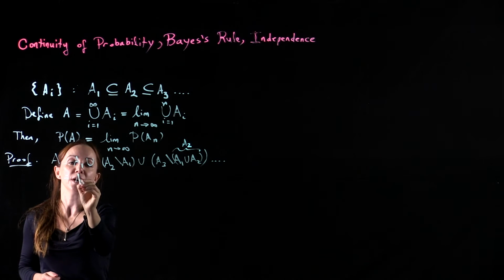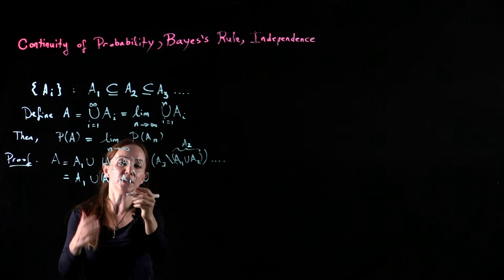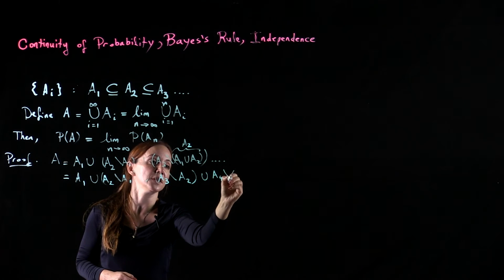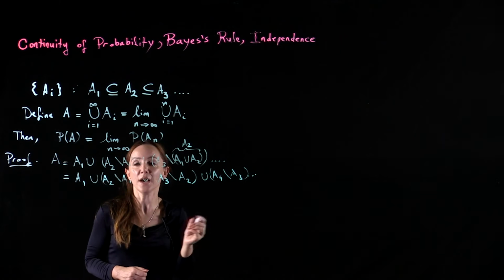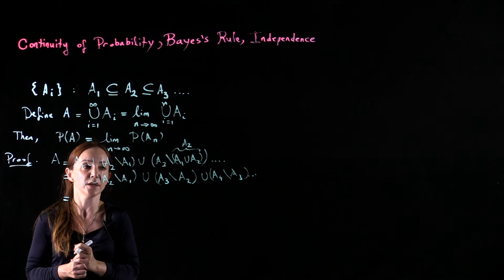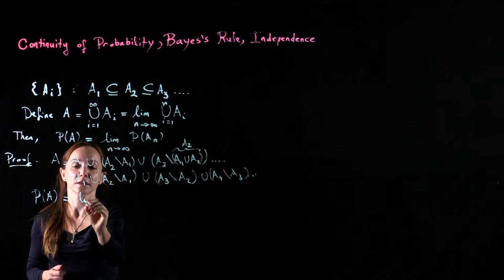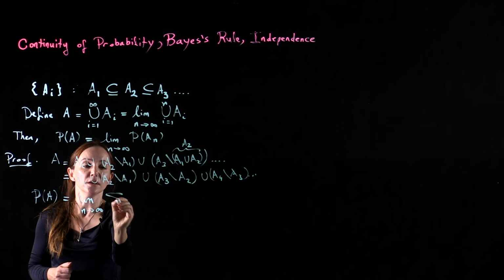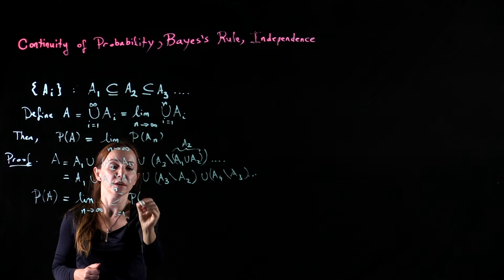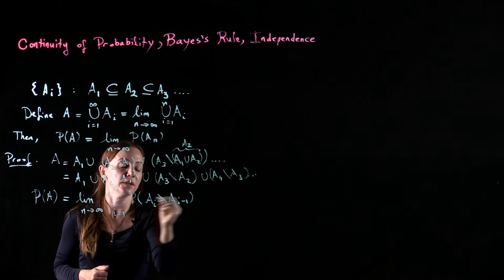So then we have a simplified expression where in each term we have the difference from the previous set in the sequence: A4 difference A3, etc. So then the sum is nothing but, by the additivity property of probability, P of A is nothing but the limit as n goes to infinity of the summation i from 1 to n of P of (A_i difference A_{i-1}), essentially, right?